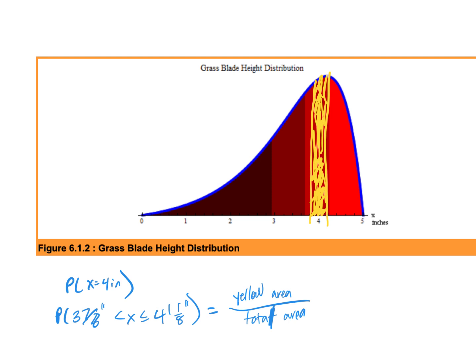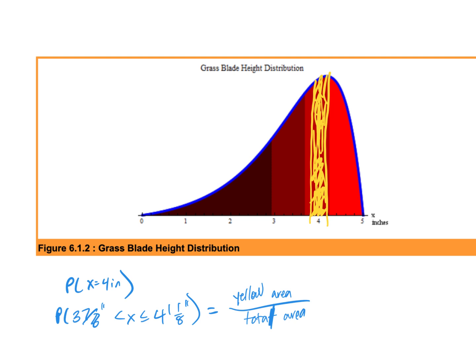By doing that, I'm taking into account that the yellow is a lot bigger, taller than one section. I couldn't just compare this width to this one. If I look at the yellow area over the total area, that would give me the probability I'm in that range of values. Is this feeling decent?